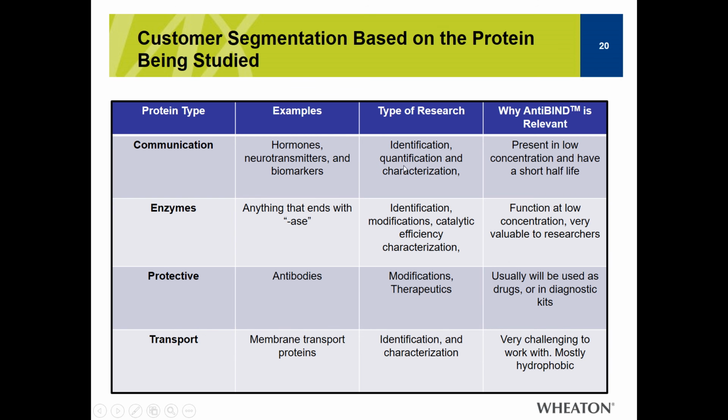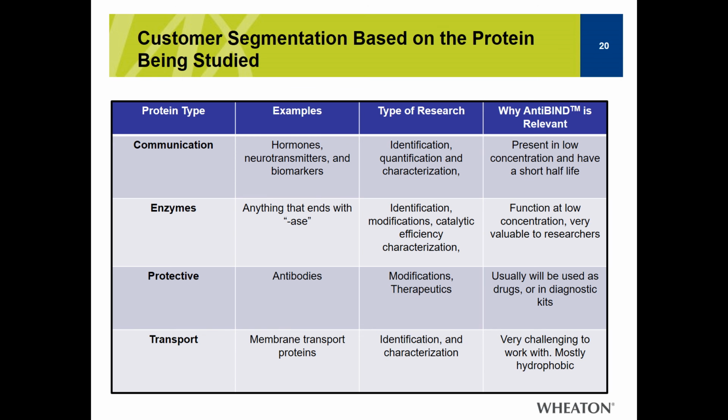The research that scientists do on these communication proteins is they try to identify them, quantify them, and characterize them, so finding out the amino acid composition of the protein and how they work. Now they're relevant to us because they are present in low concentration and have a very short half-life.